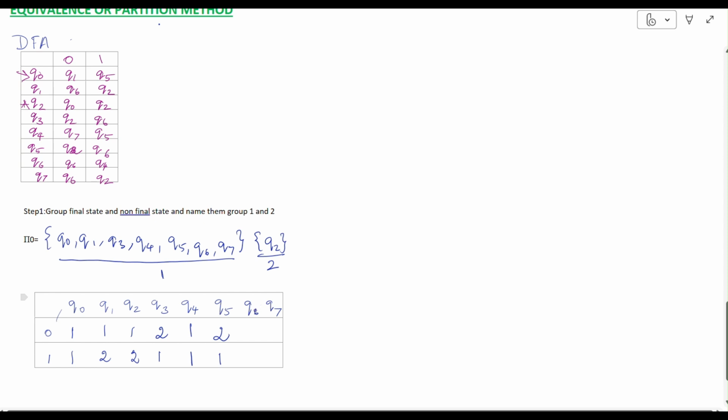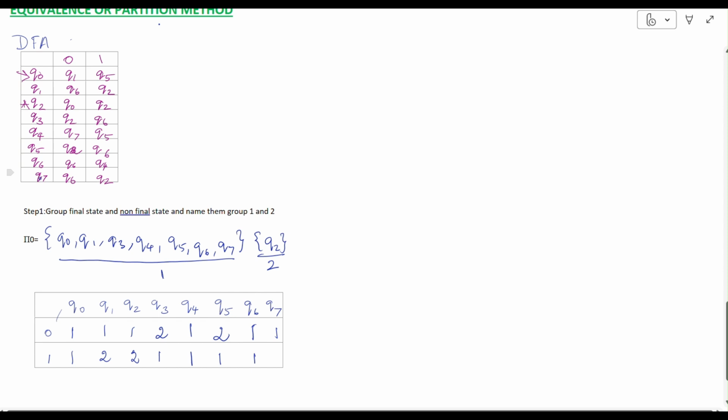Q6 on receiving 0 goes to Q6, which is of group 1. And Q6 on receiving 1 moves to Q4, which is of group 1. And Q7 on receiving 0 moves to Q6, which is of group 1.